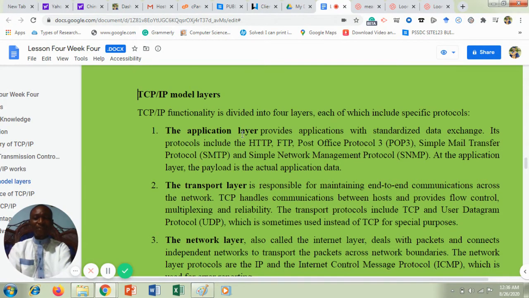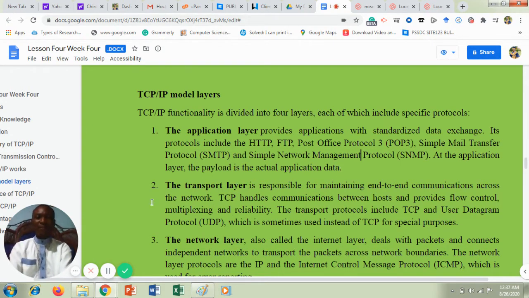The application layer is the origin of where it starts from, and it uses protocols like HTTP, FTP, POP3. These are used for web pages, file transfer, and mail, and there is also the Simple Network Management Protocol. They are all protocols that happen at the application layer. The payload is the actual application data.